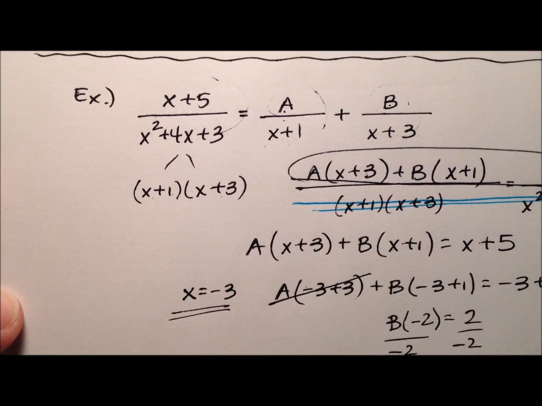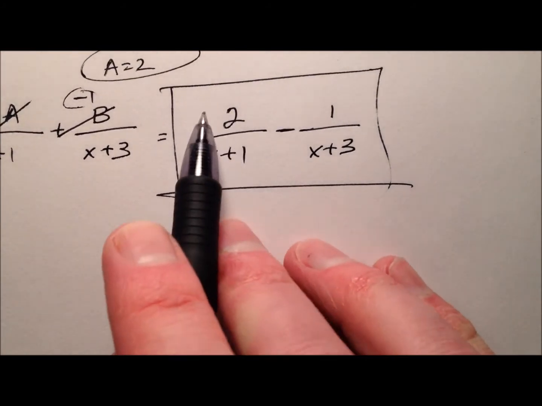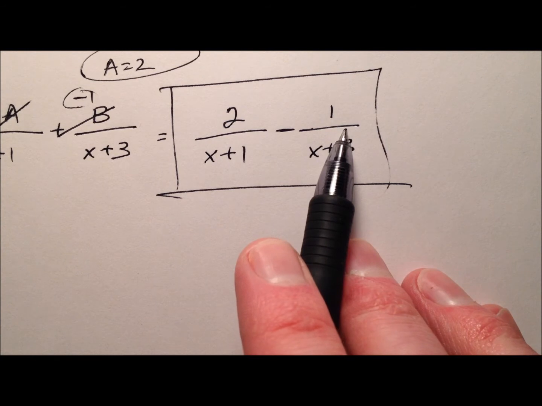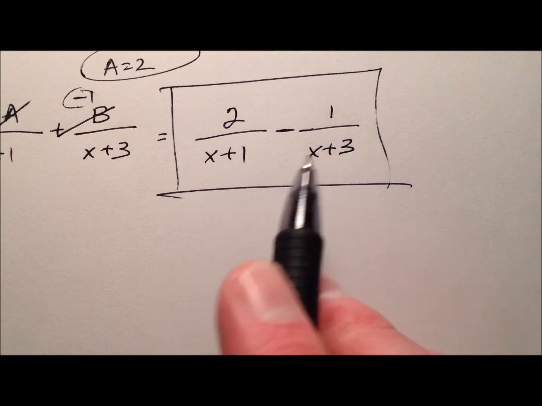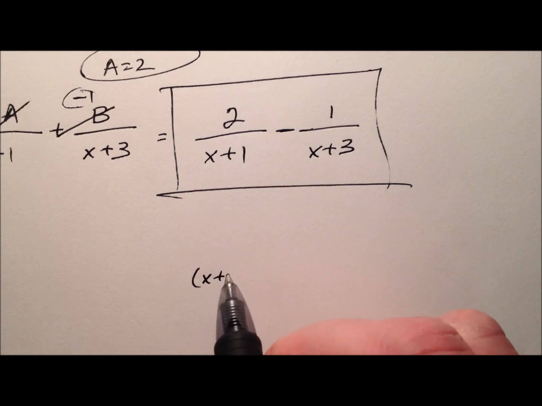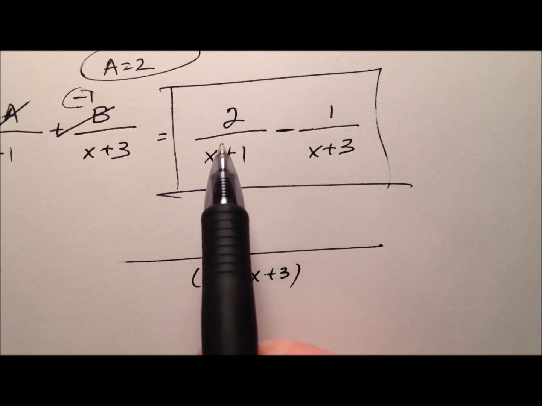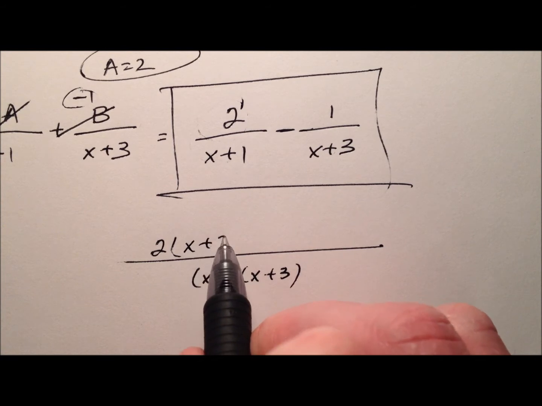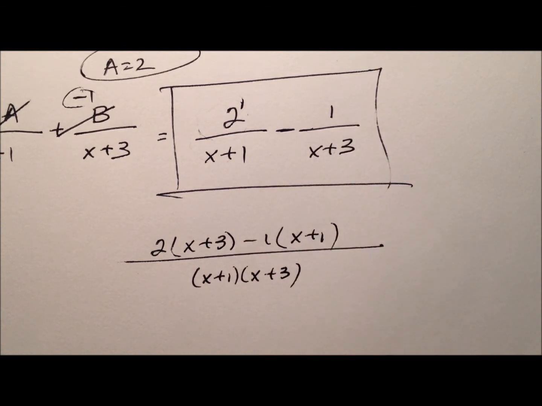Okay? So just to kind of show you, let's go ahead and rework this. Let's find the common denominators and subtract these two fractions, because I want to show you that you will end up with that original rational expression. Okay, so the common denominators will be x plus 1 and x plus 3. Okay, so this one was missing the x plus 3, and this one was missing the x plus 1.